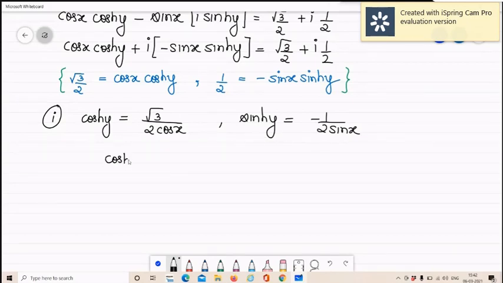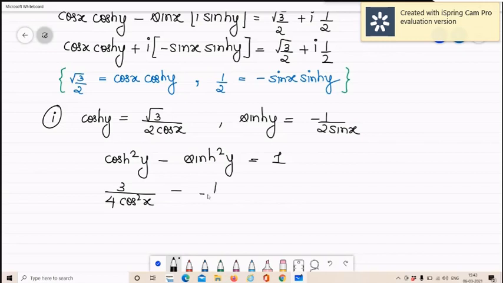We are supposed to square and subtract. So what are we going to get here? This root 3 by 2 cos x will become 3 by 4 cos square x. And this will be 1 by 4 sine square x, because that minus will become positive.